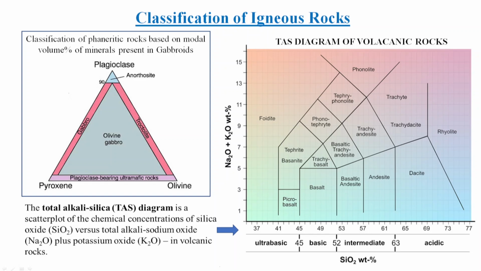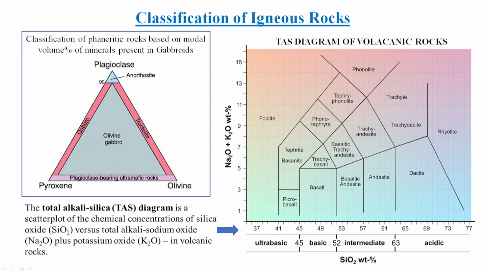So there again this diagram shows where your individual rocks, be it rhyolite, which will have a very high silica content like that of granite, will be placed here. Similarly, basalt, which has a relatively much lesser content of silica, will be present here, which is again an equivalent of your gabbro.